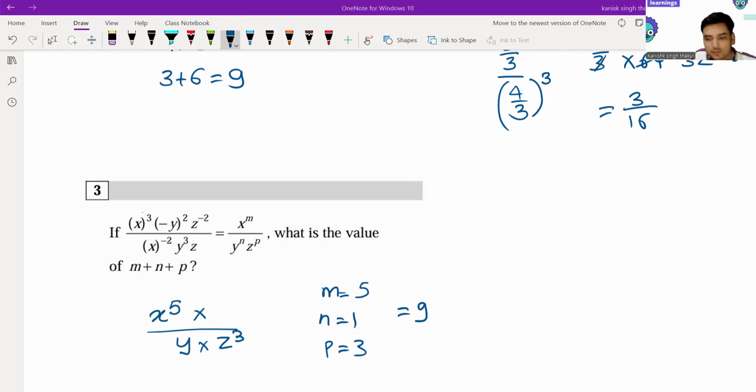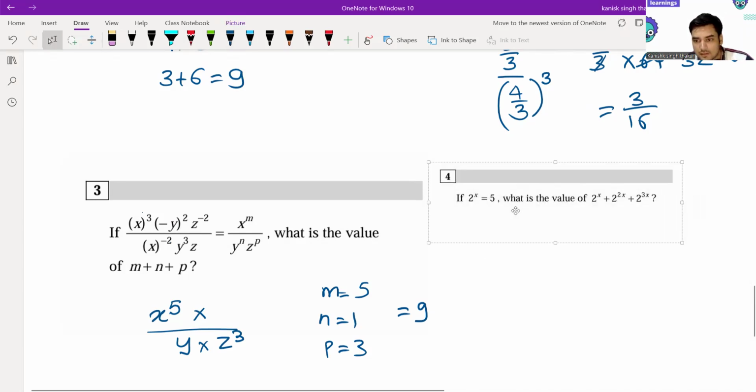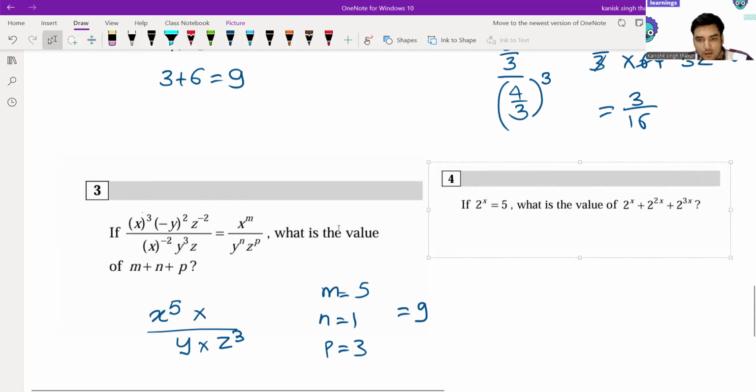Now the next question you have here is this one. 2 to the power x is 5, right? So see now how you have to do. You don't have to find the exact value of x, right? This is what it is asking.